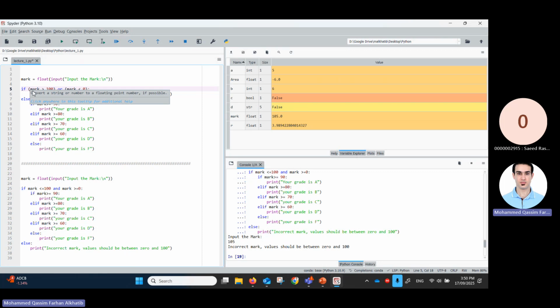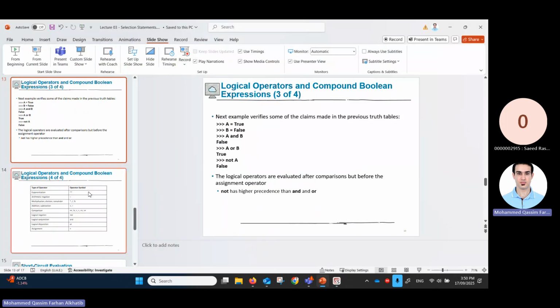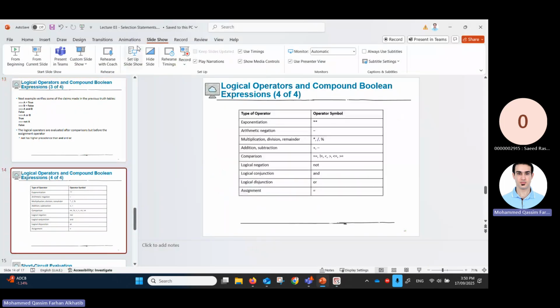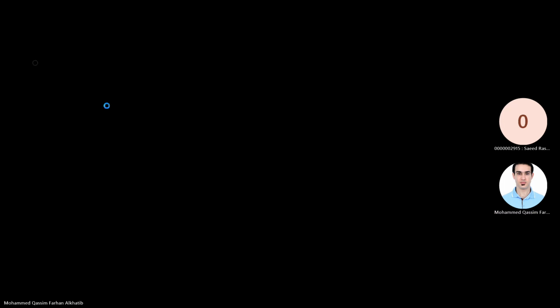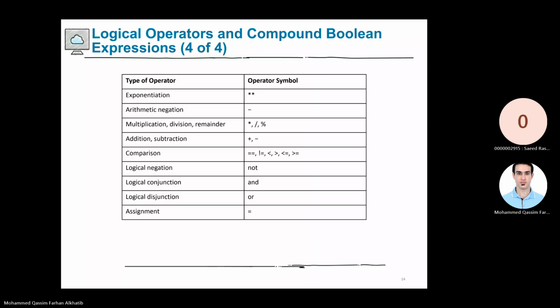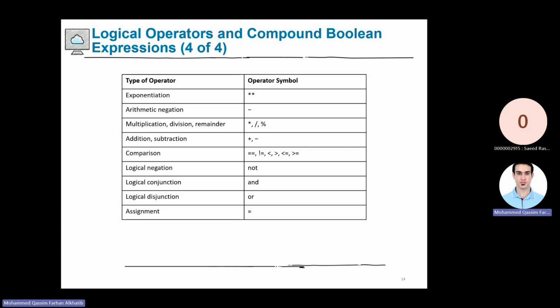Where will my Boolean operations fit in the precedence rules table? Here is an updated version of the precedence rules. It's quite easy: the arithmetic ones go first, then we do the Boolean stuff.